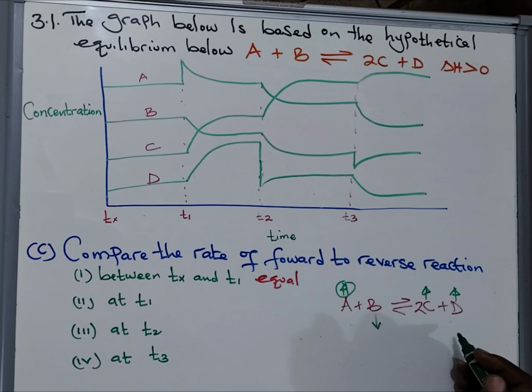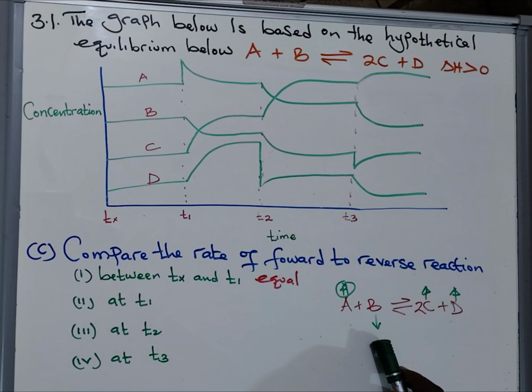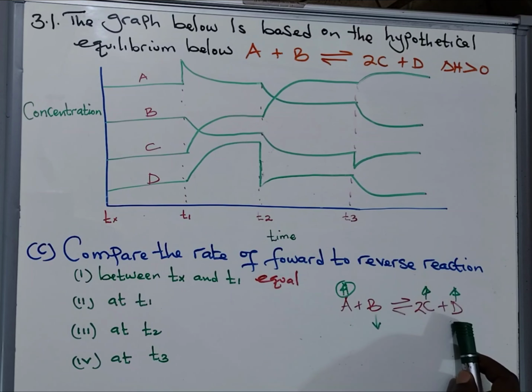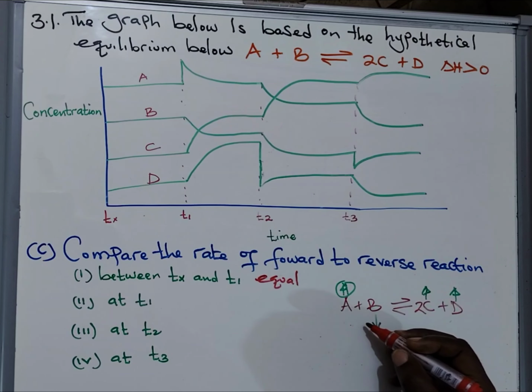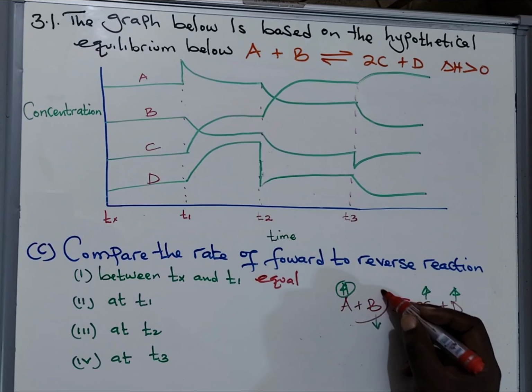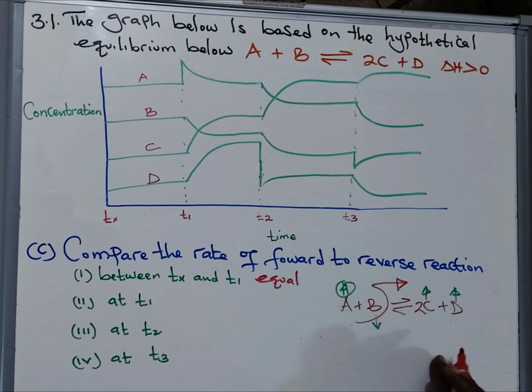So these are the changes which are taking place here. The changes are that B will decrease and the C and the D will increase. From here, we predict the position of equilibrium. It is from low to high, so it is forward. And our answer lies there.